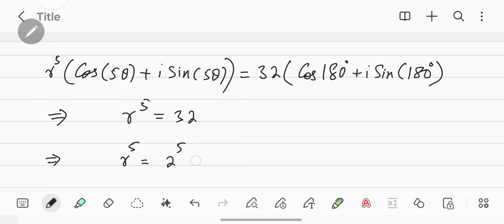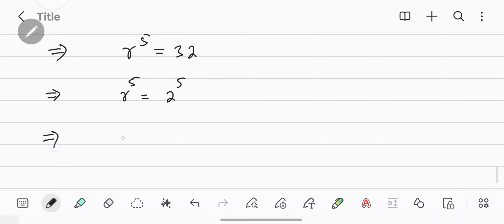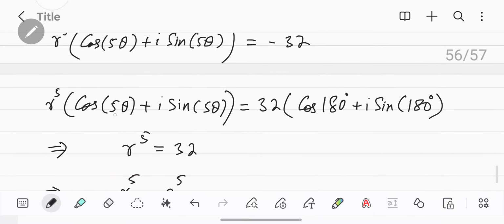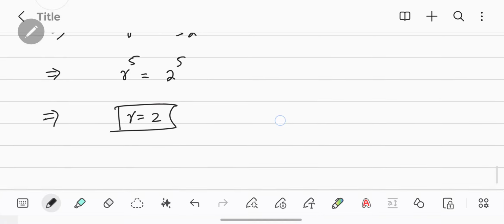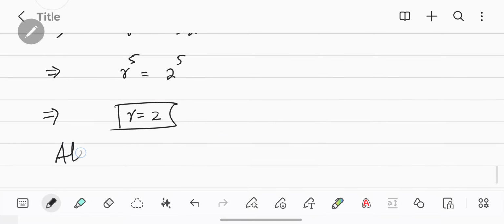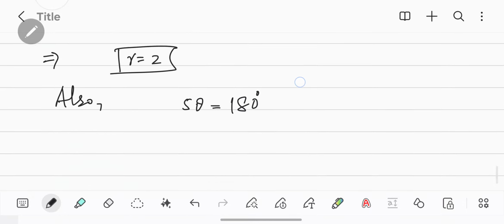If you cancel the powers on both sides, you will get r is equal to 2. So we have determined the value of r, but now we need to find the value of theta also. If you compare these values, 5 theta will be equal to 180 degrees.